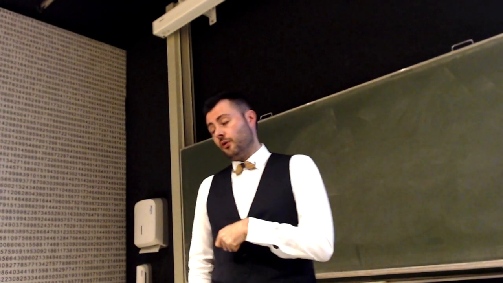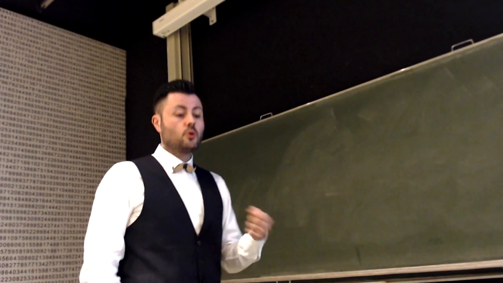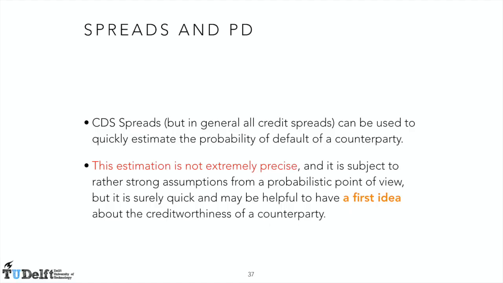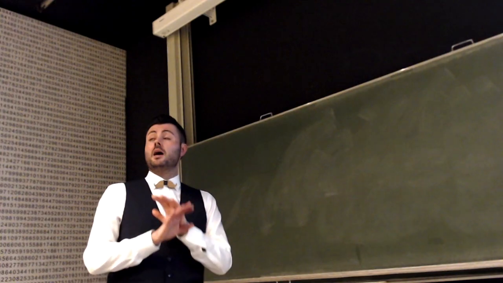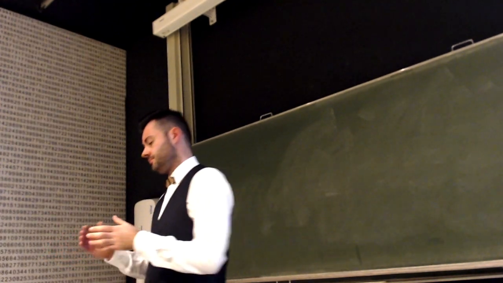And good for us, this quantity, the CDS spread, can be used to quickly estimate the PD of a counterparty. Really very quickly. Now, the derivation of the formula that we will see in a minute is much more complicated than the formula itself. And it is based, as always, on a certain number of assumptions.